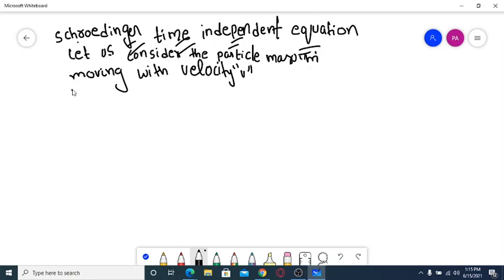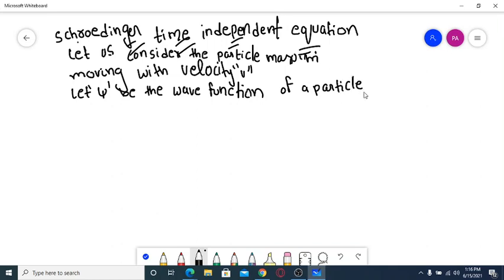Let psi be the wave function of the particle along the x, y, z directions.